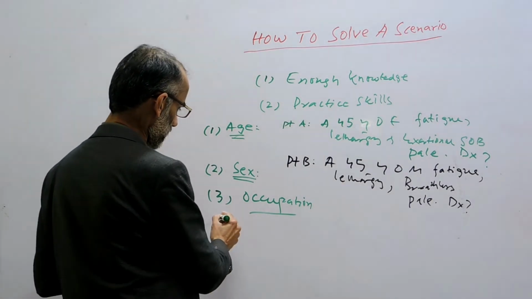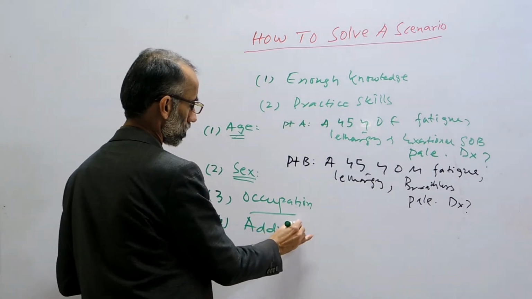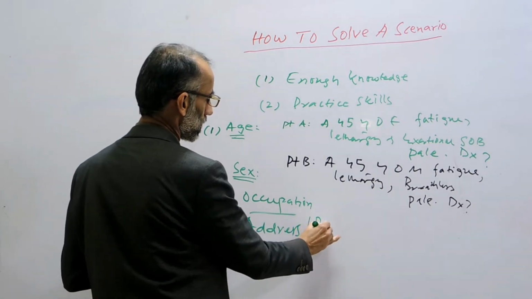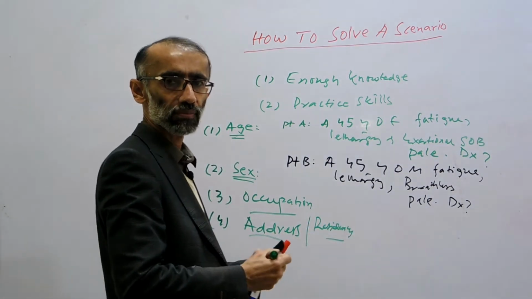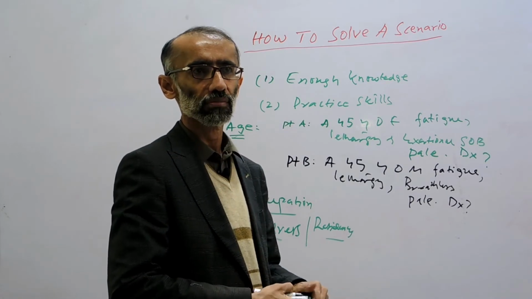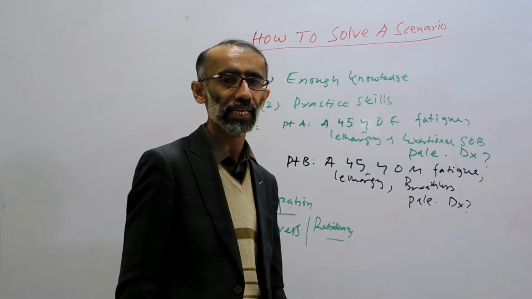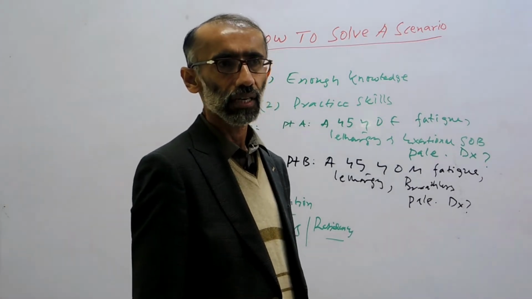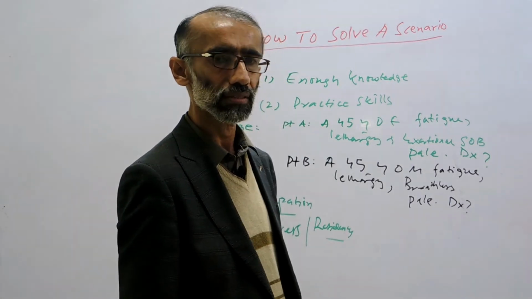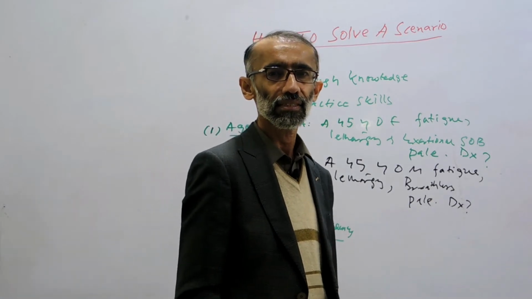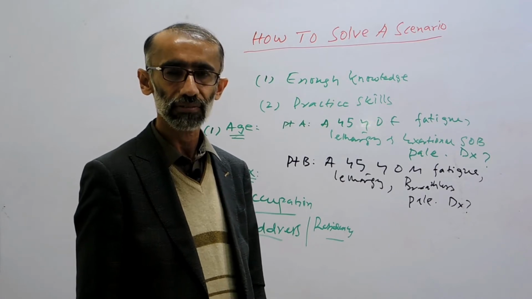Then you will consider the address, the residency of the patient in the scenario. Certain diseases are common in certain geographical areas. Goiter from iodine deficient water is more common in hilly areas due to low iodine content in the soil.